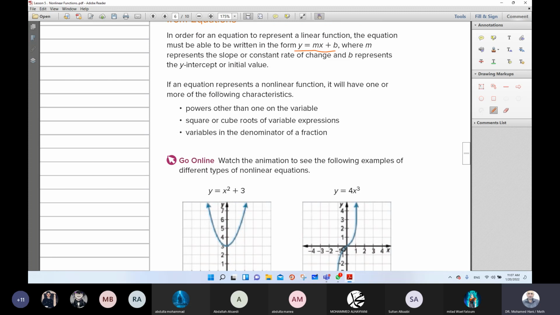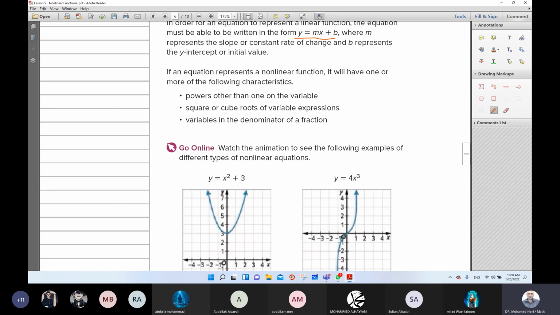So if an equation represents a nonlinear function, it will have one or more of the following characteristics. When you have powers other than 1 on the variable, when you have square or cube roots of variable expressions, when you have variables in the denominators, or a fraction.